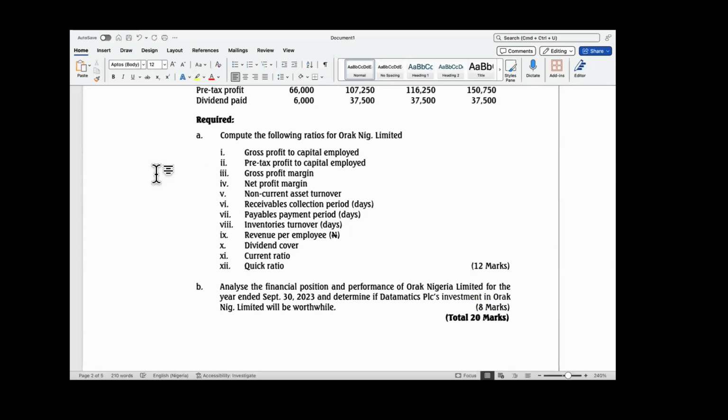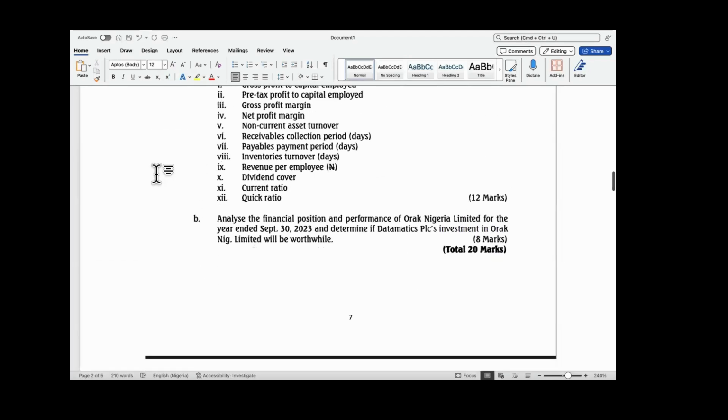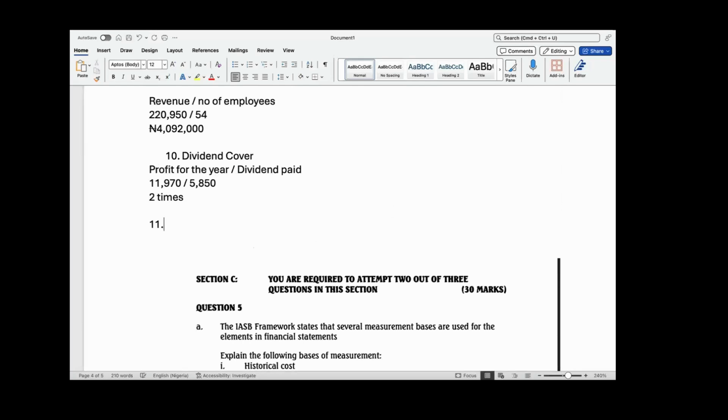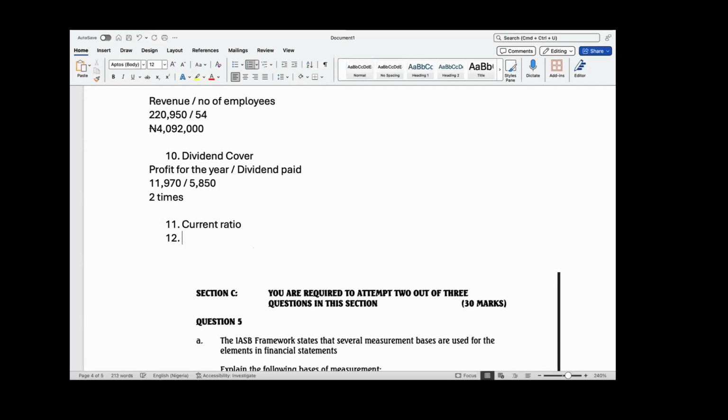Number 11 speaks to the current ratio. Your current ratio is current assets divided by current liabilities.